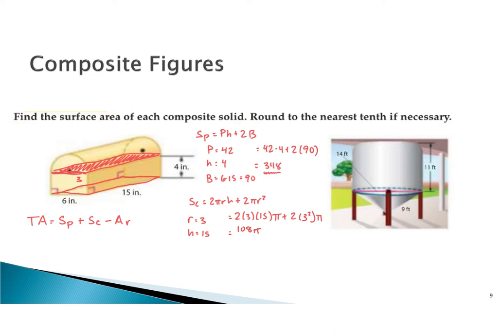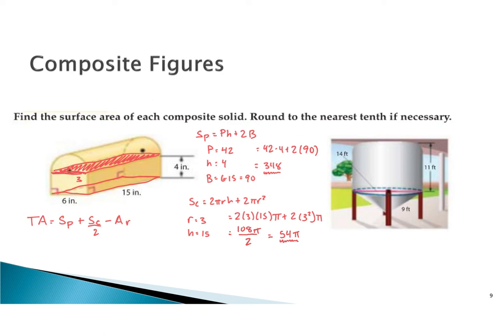Look at my picture itself. The picture itself is, as I said, the cylinder on the prism. But if you look carefully, it's not the full cylinder, it's half of the cylinder. So that means I'm going to need to take the surface area of my cylinder and divide it by 2. And so that's what I'm going to do over here. I'm going to take what I found and divide it by 2, and that gives me 54 pi as my second piece.